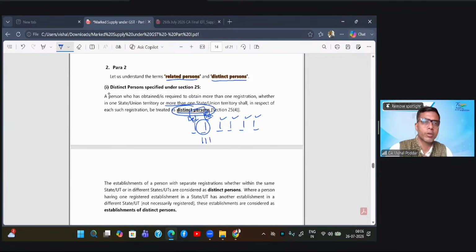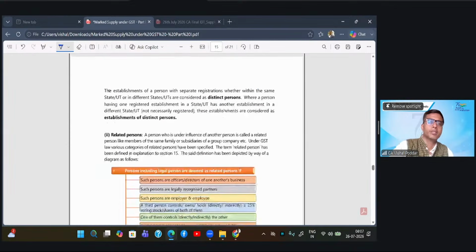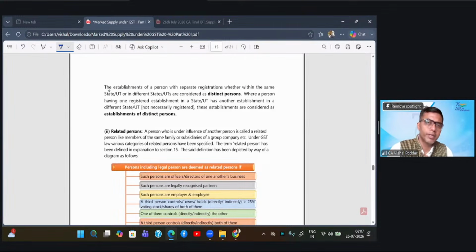But because of this concept of distinct person, Delhi is one person and Maharashtra is another person because both have separate GST numbers, even though the legal person is the same. Since they are distinct persons, whatever is being sent from one branch to another will amount to a supply, and the Delhi branch will be required to discharge GST. So the important point is that wherever there is transfer between distinct persons, even though it is free and practically it will be free, it will still be a supply.